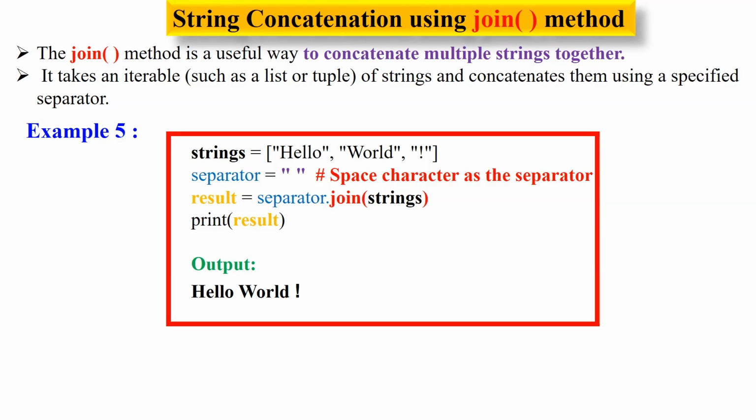The output will be hello space world space exclamation point. The join method concatenates the strings in strings using the specified separator, resulting in a single string where each element is separated by the specified separator. Note that the join method is called on the separator and not on the strings themselves. This is a common source of confusion.